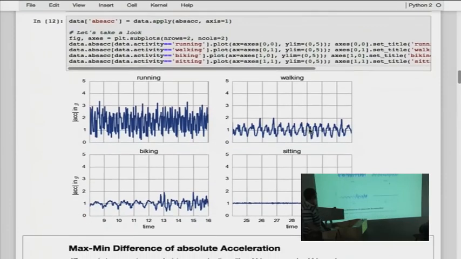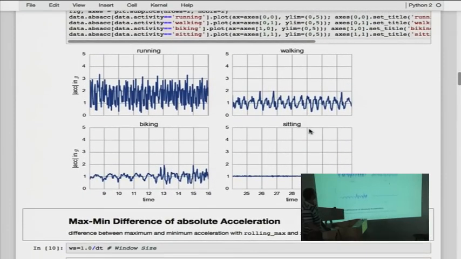I'm calculating the absolute acceleration of the data. And here's our first feature, or hopefully a good feature. You see, while sitting, all the devices in your pockets have absolute accelerations like this. That means 1g, that's the acceleration towards the Earth, the gravity. So while sitting, you have an absolute acceleration of 1g.